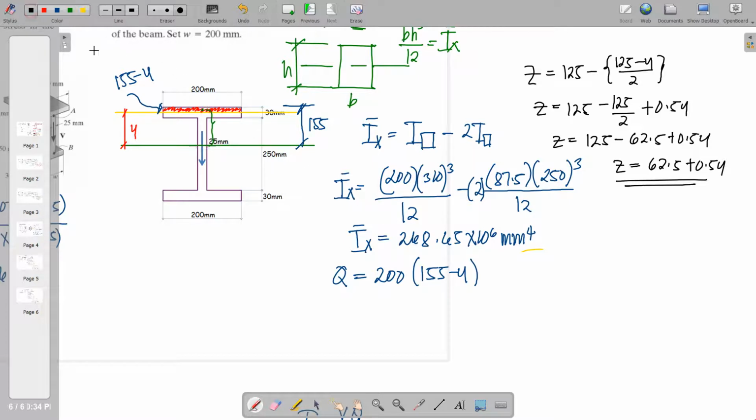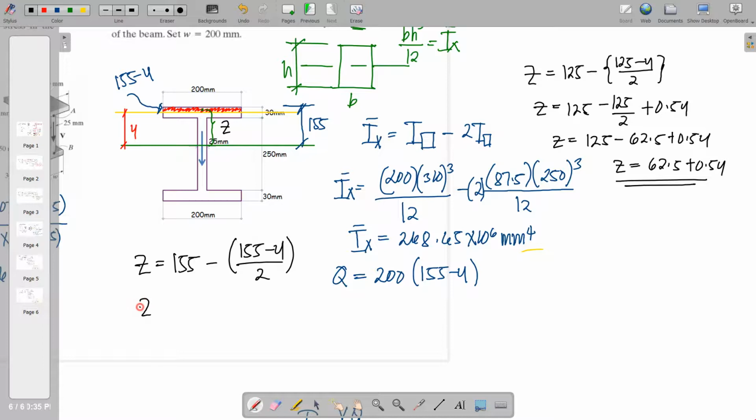See, for a while again, let us denote it by z. So z is equal to 155 minus half of this dimension, 155 minus y, all over 2.